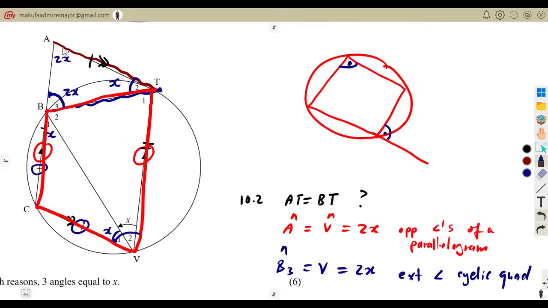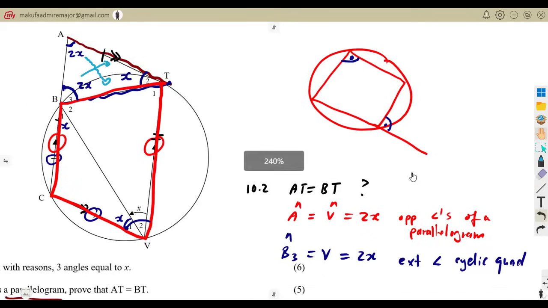So guys, if this is 2x and this also is 2x, what does it mean about the sides AT and BT? They must be equal. These are sides opposite what? Equal angles. Sides opposite equal angles.